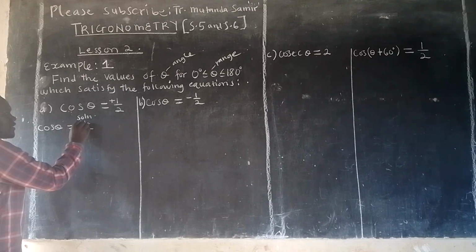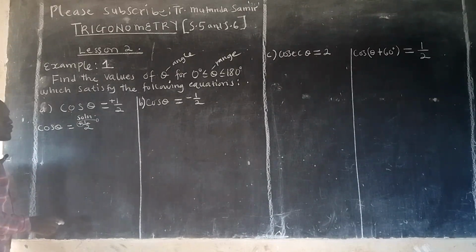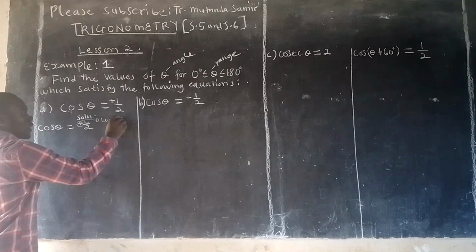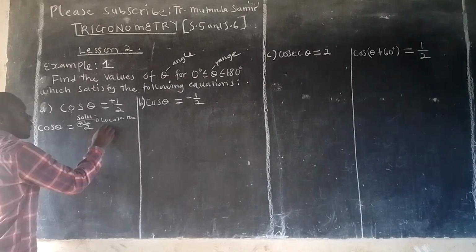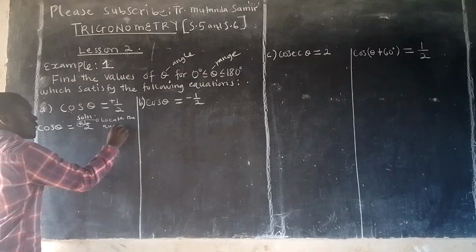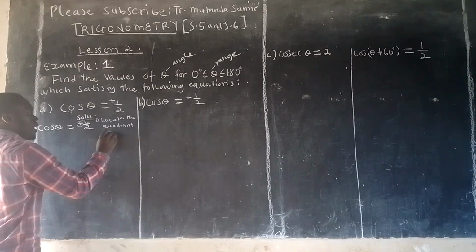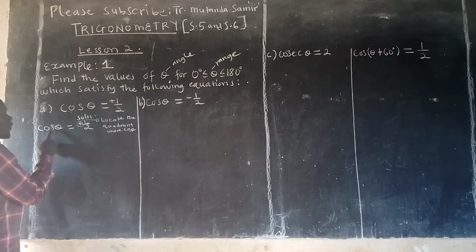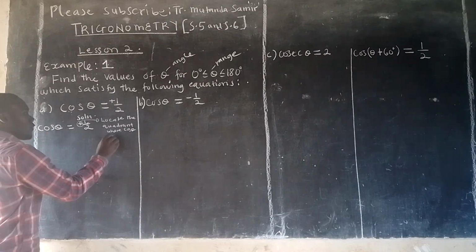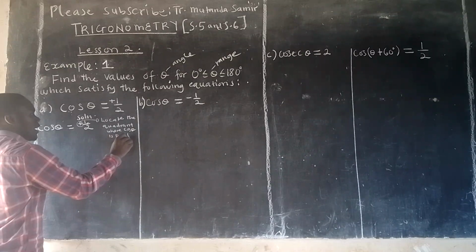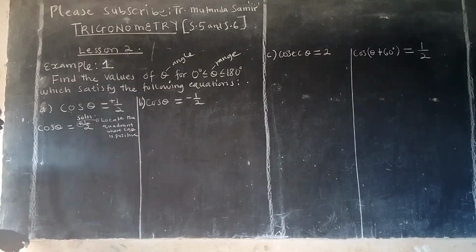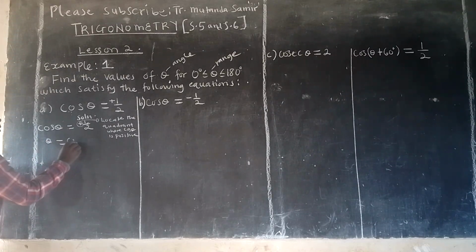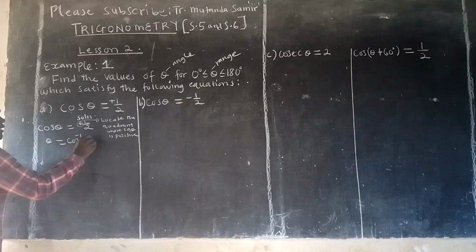The use of this positive is to help you locate the quadrant where cos theta is positive, like that.